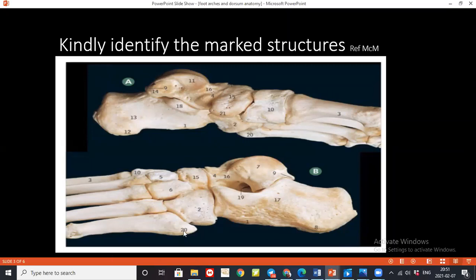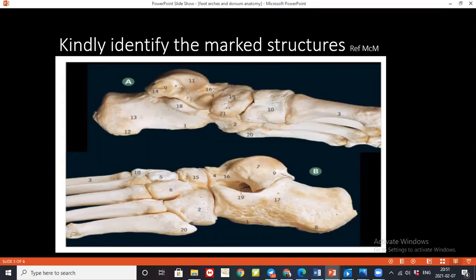What is 20 over here, please? It's the base of the 5th metatarsal bone. Tuberosity of the base of the 5th metatarsal bone, yes. What is 8, please? So the 8 is the lateral process of the calcaneus bone. What is 2 over here? 2 is the cuboid.